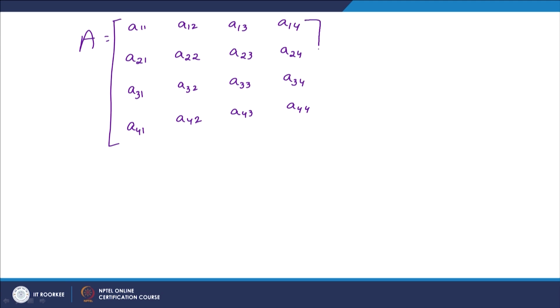So, this is the matrix A. Please note that these elements A11 to A44 are all constant, real values. So, we are basically saying that A is a real constant matrix. Real constant matrix means that all the elements of this matrix A are real quantities; we are not talking about imaginary quantities here.